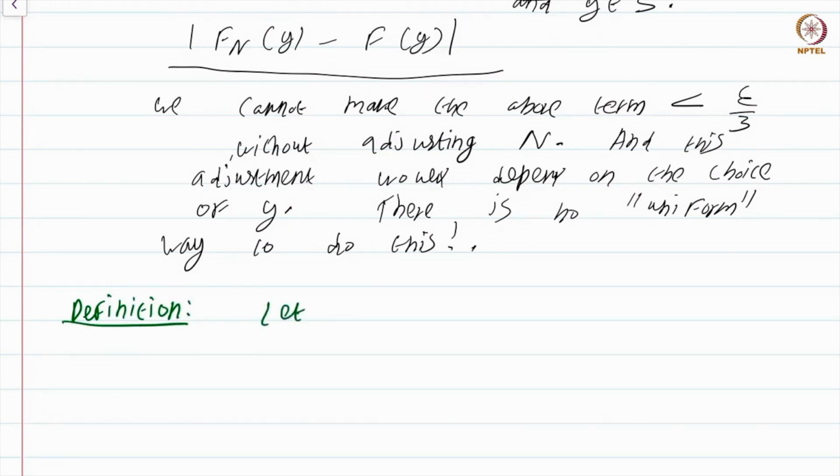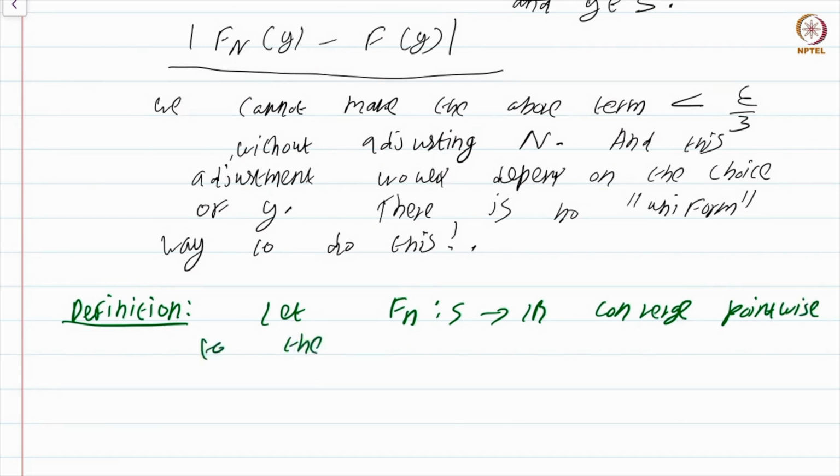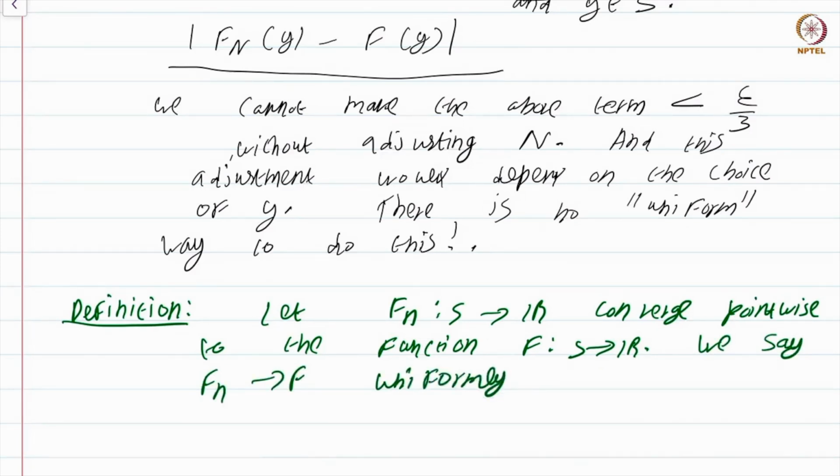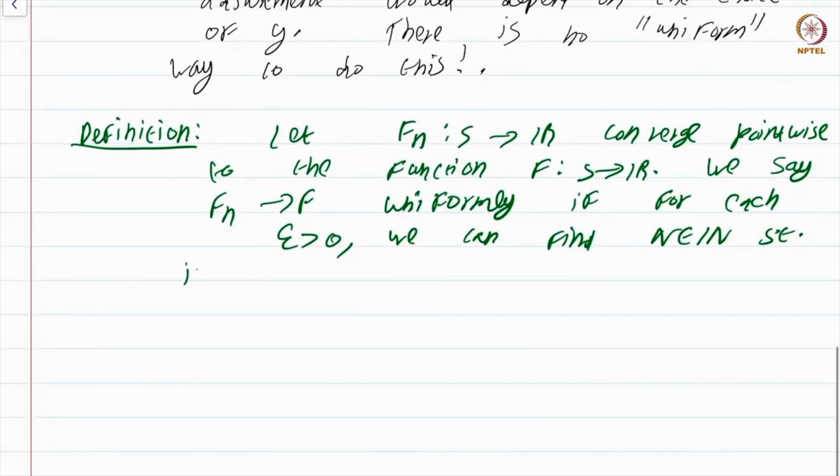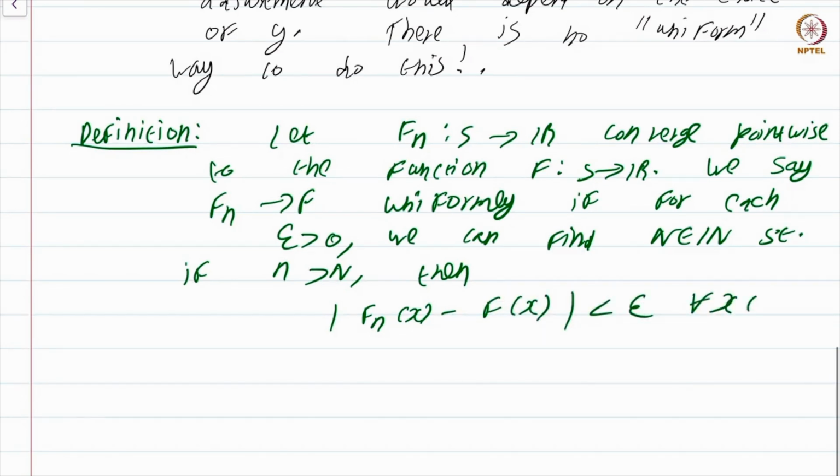So let f n from S to R converge pointwise to the function f from S to R. We say f n converges to f uniformly, so uniform convergence is stronger than pointwise convergence, if for each epsilon greater than 0 we can find capital N in N such that if n is greater than capital N, then modulus f n x minus f x is less than epsilon for all x in S.